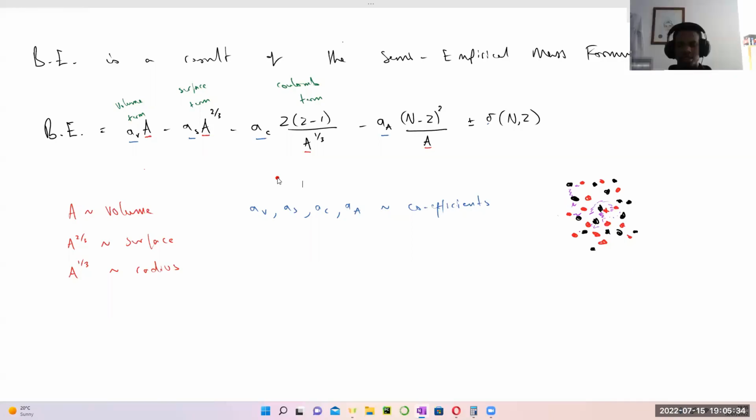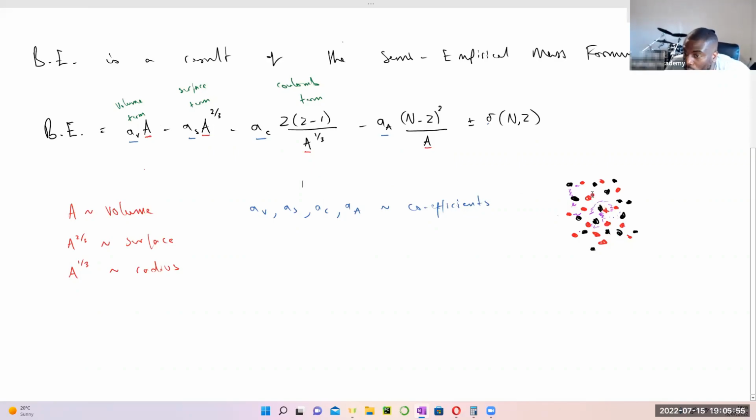It takes away some of the energy because it's given out. What is given out by the electromagnetic force? The protons. And what are they essentially doing to each other? They're repelling each other.